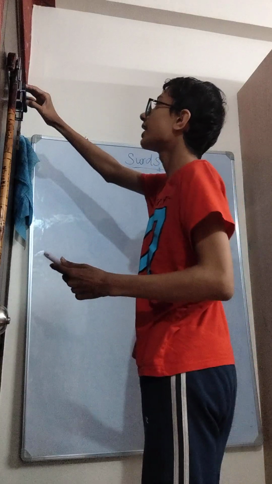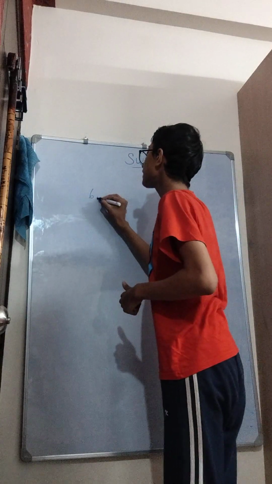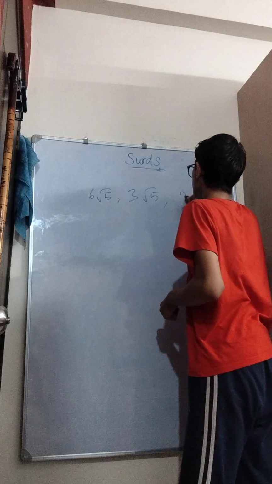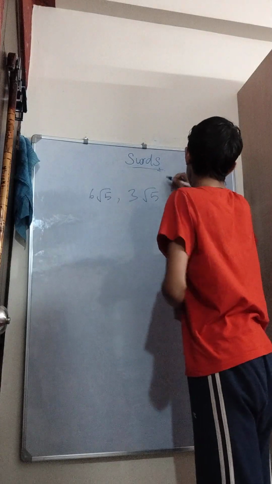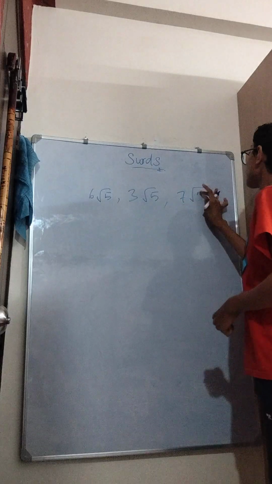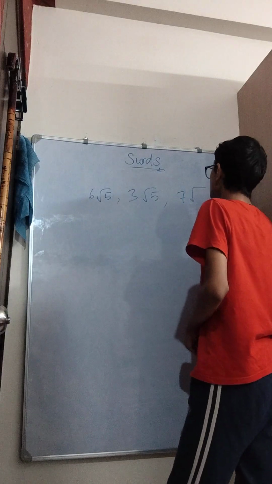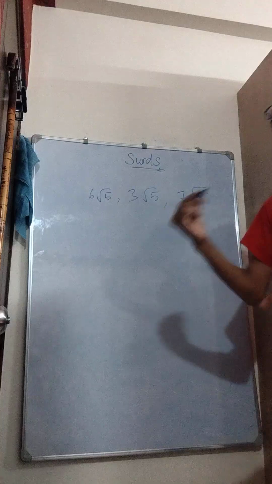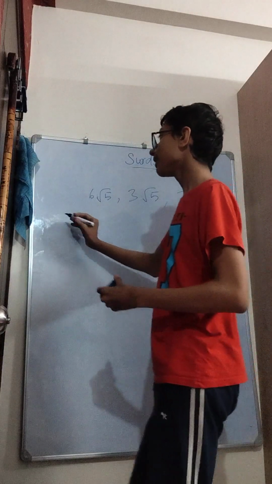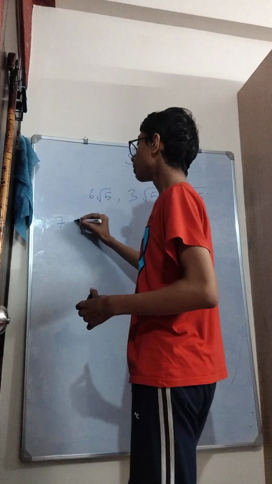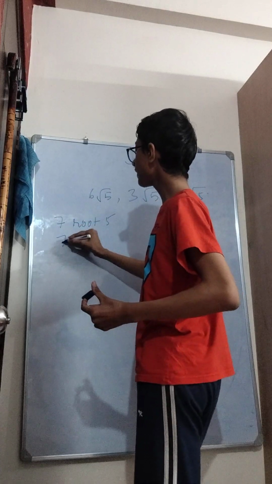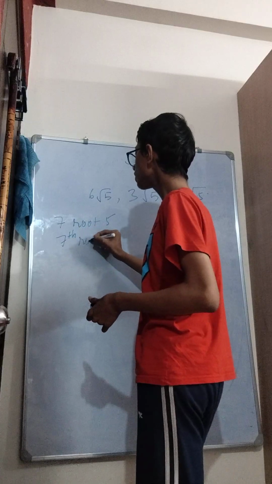Now coming to similar and dissimilar surds. For example, 6 root 5, 3 root 5, 7 root 5. So 7 root 5 and the 7th root of 5 are different. You should compare them.